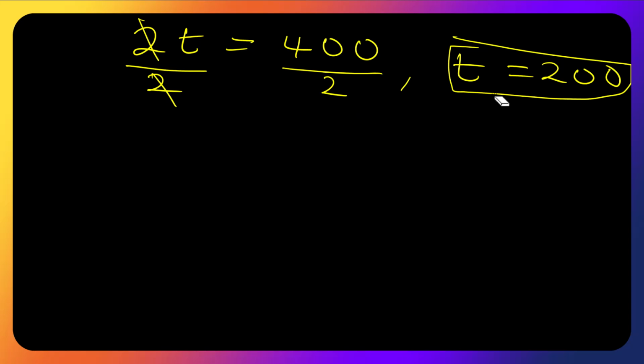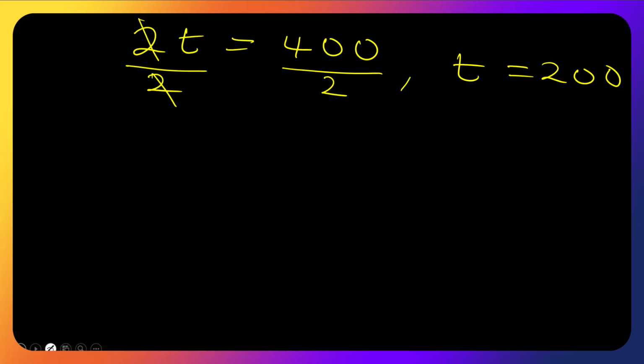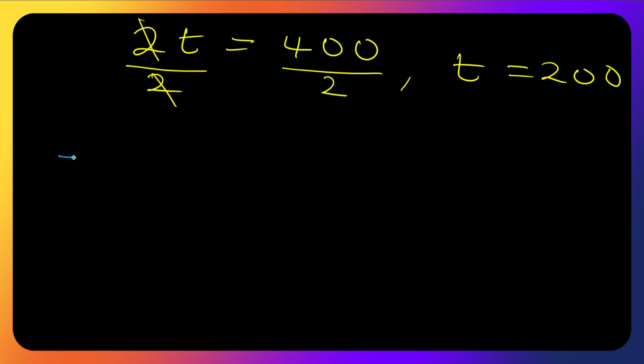So we can go back and do substitution since we represented 4 to the power x by t here. So you can recall from here that 4 to the power x equals t. So 4 to the power x equals t, but t is 200.